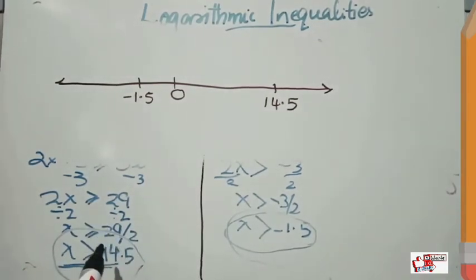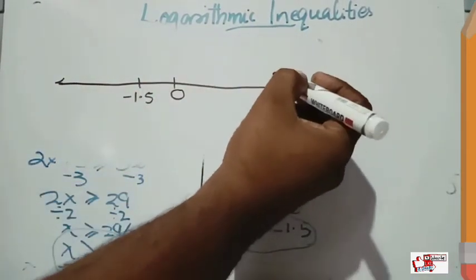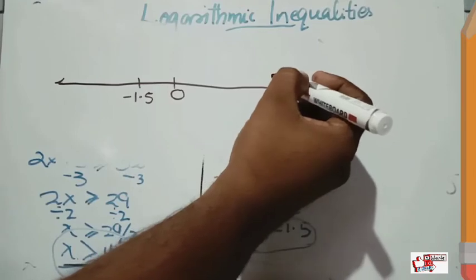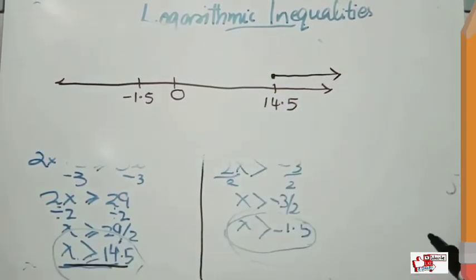As per our concept, the first result we got is x greater than or equal to 14.5. I am drawing it here. This region represents x greater than or equal to 14.5.